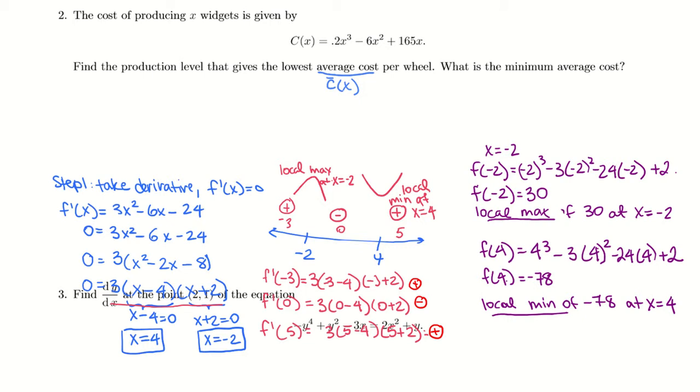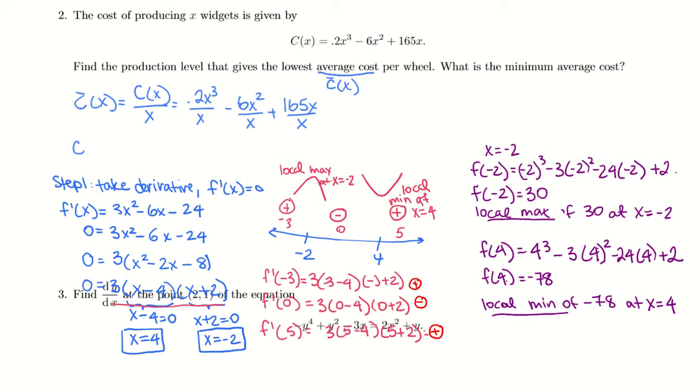And to get the function c bar of x, we take our cost function and divide by x. So 0.2x to the third over x minus 6x squared over x plus 165x over x.